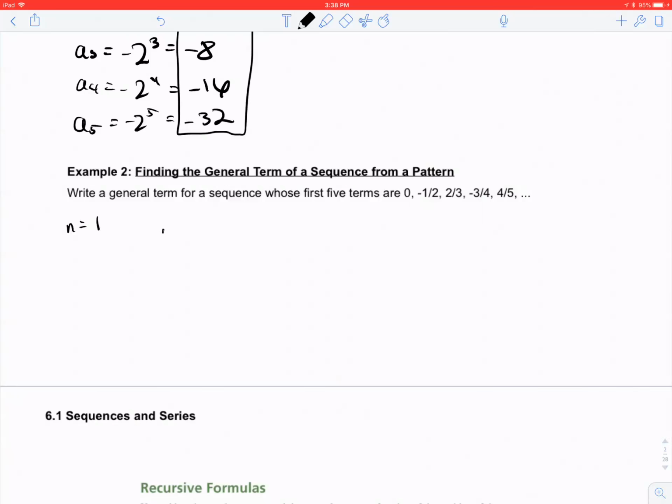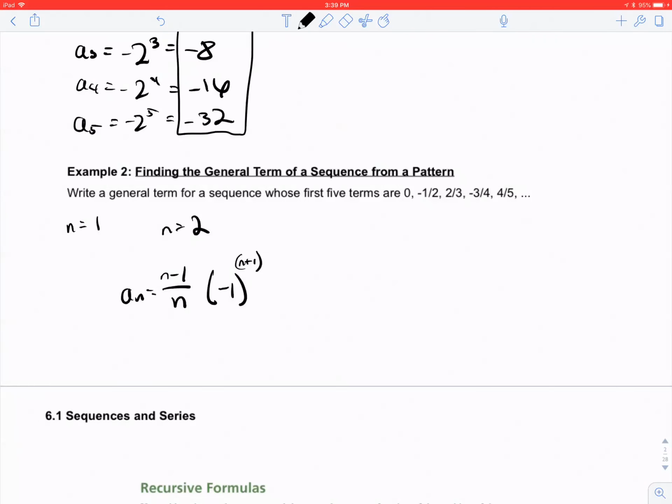Now when n is 2, the denominator is n, we have a negative, and the signs are alternating, so we need to do something like negative 1 to the power of n plus 1, and then n minus 1 in the numerator. So now let's see if this works. When n is 2, the denominator is 2, the numerator is 1, and the exponent on the negative is odd, so now our function is going to be negative. So it looks like an might be something like this.